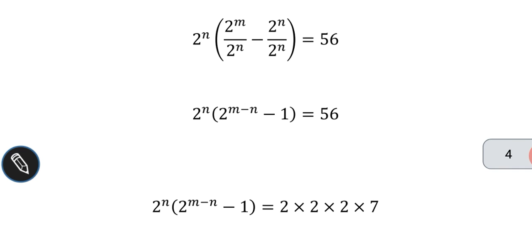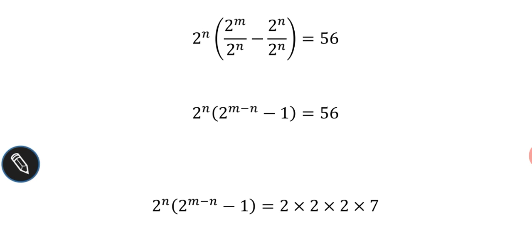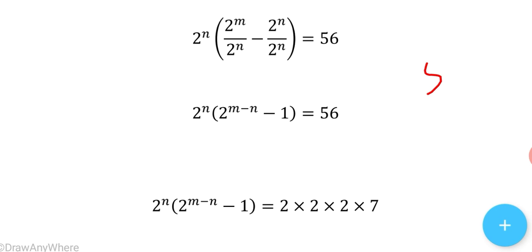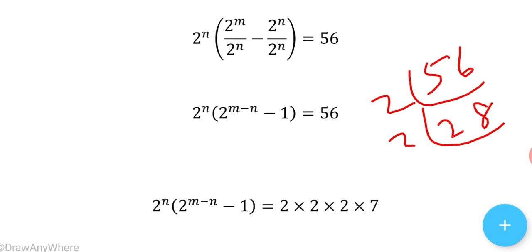Now factorizing 56: 56 divided by 2 is 28, 2 14s are 28, 2 7s are 14, and 7. So 2 into 2 into 2 into 7.